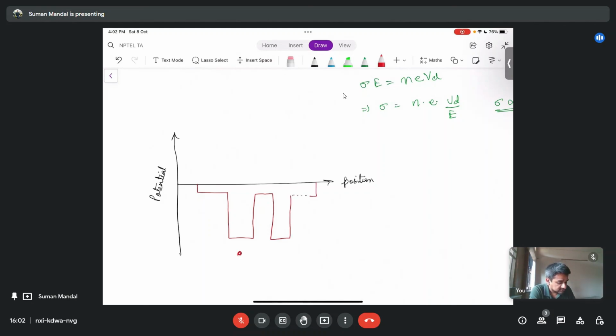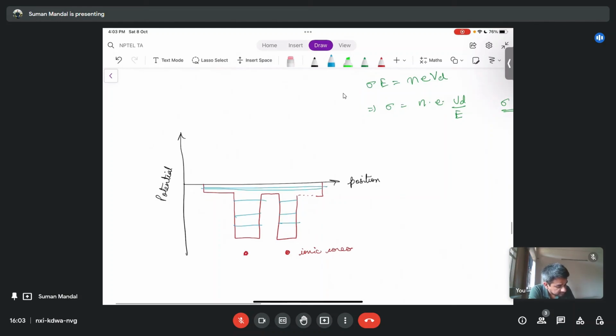There are ionic cores here, and the electron levels are like this. Only these are bounded electrons, and these are nearly free electrons.